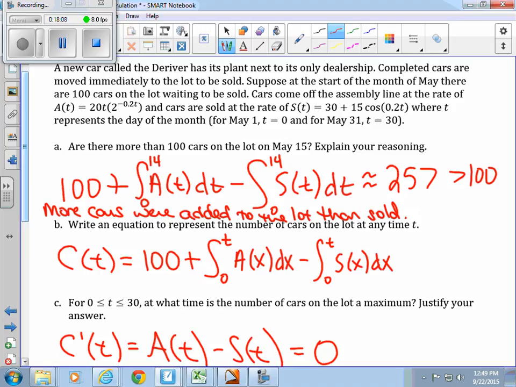Make sure your calculator's in radians, physics people. Only if you're using something in trig. Right? You're not using something in trig. It only matters if you're doing cosines.